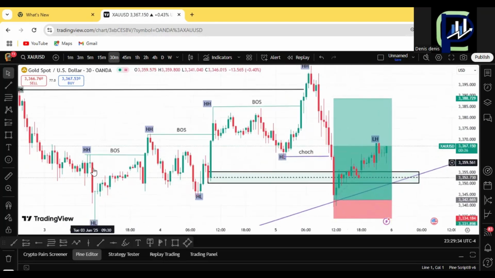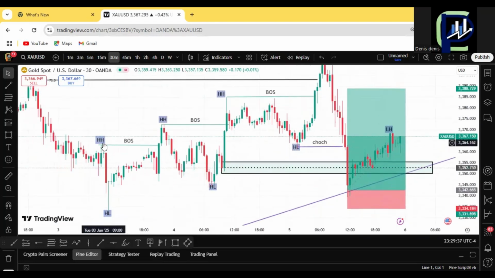We have a high, a higher low. We have a higher high. This high is higher than this high, and then that means you're going to create a what? That means we have broken the structure here, and then we have created another high. Now this low, this is a low, but it's higher than the low that we had previously. So as long as this low is higher than this low, it becomes a higher low.